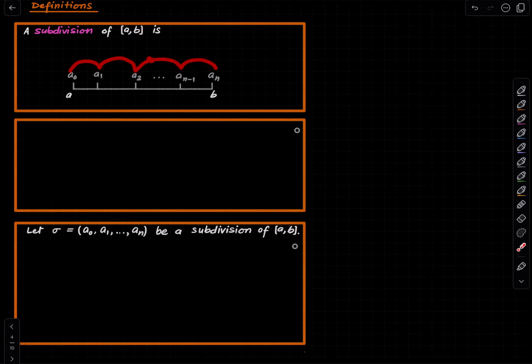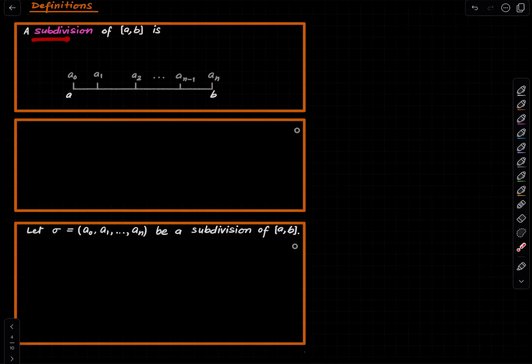All of those points are from this closed interval with two requirements, that the first point or the 0th point in that ordered list is the left end point of the interval, and the last element of that ordered list is the right end point of the interval.